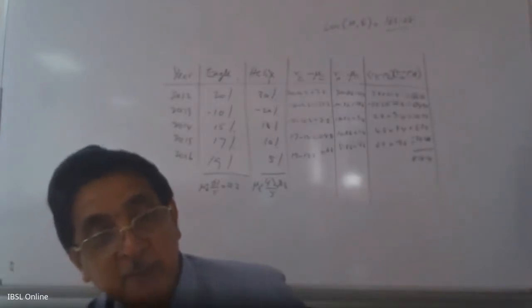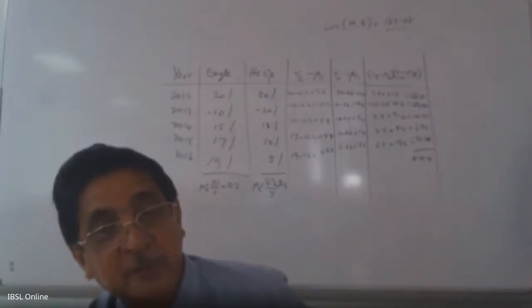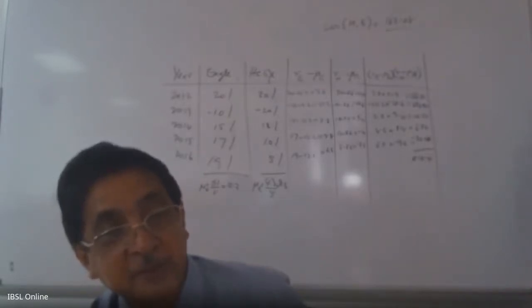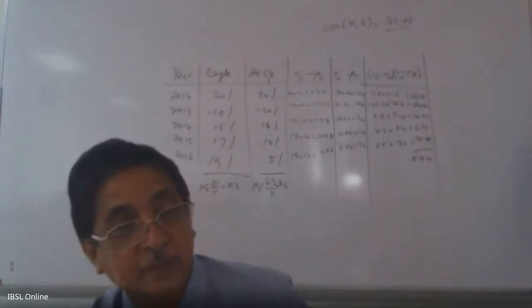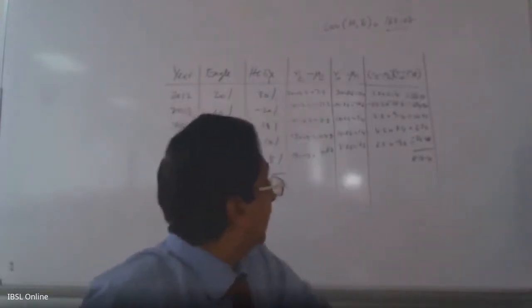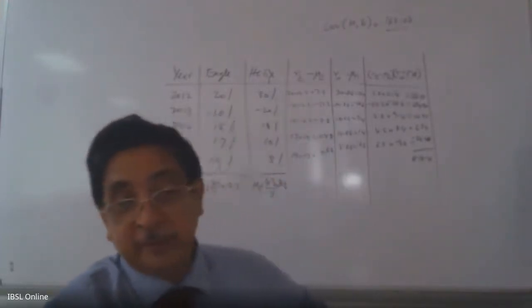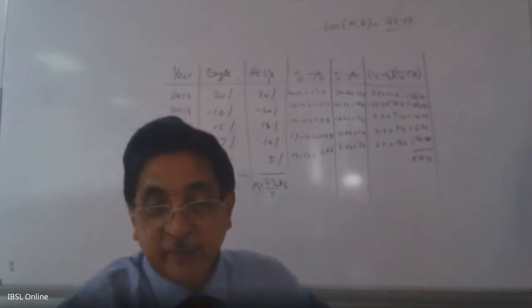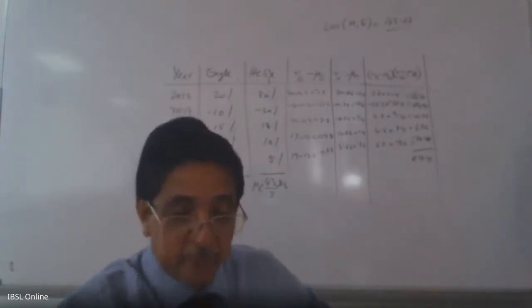Every mean value has to be deducted from the respective returns. Then you have to multiply that. So the total comes to 840, the multiplication 810.4, and that has to be divided by 4, and then you get the answer 162.08. So that is the correct answer. The covariance is that.